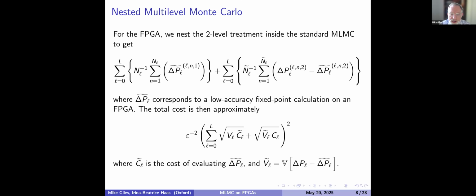Here, C tilde is the cost of evaluating delta P tilde, so that's a very low cost. And V tilde is the variance of the difference between the true delta P and the approximate delta P. What we hope is that that variance is small compared to the regular VL.